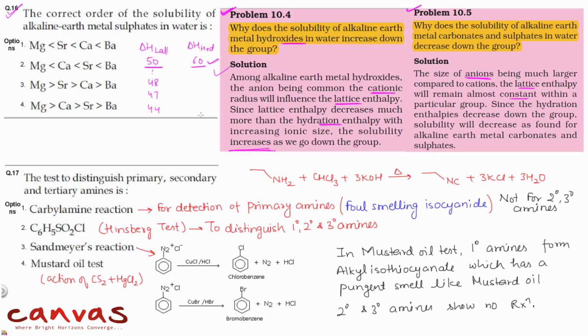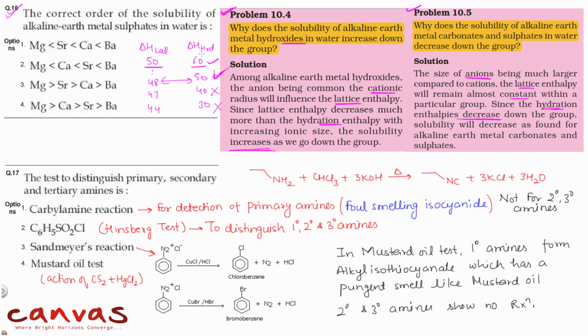But as you move down, in the case of sulfates, the hydration enthalpy decreases more rapidly than the lattice enthalpy, like 60 to 50, then 40, then 30. Now you can see here it is still a little bit more, so it will also dissolve to some extent. Here it will not dissolve, here it will not dissolve.